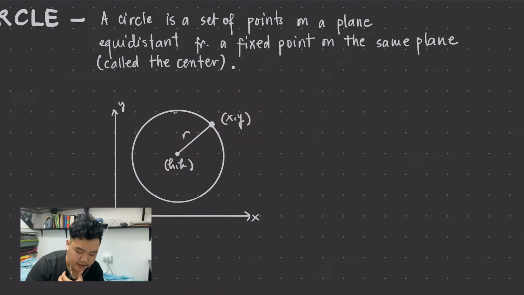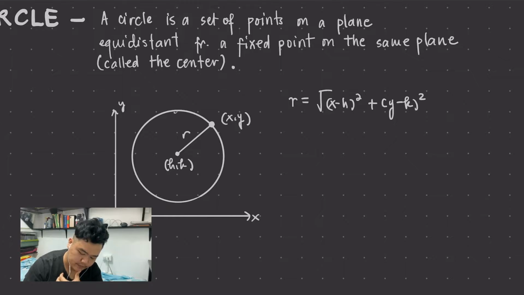According to the definition, the distance between any point on the circle and the center is the radius. So that is the fixed distance. By the distance formula, r is equal to the square root of the sum of the differences squared, so that is the square root of (x minus h) squared plus (y minus k) squared.